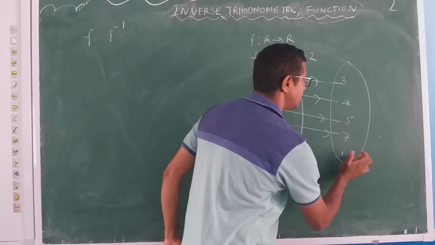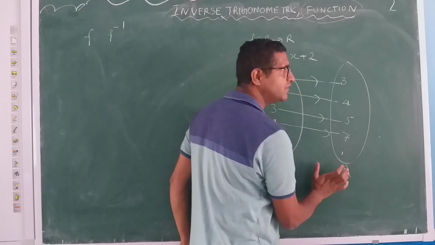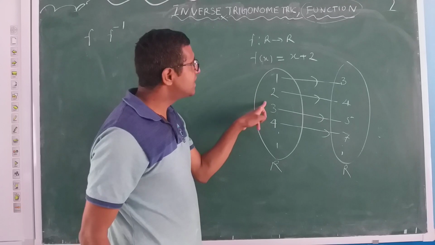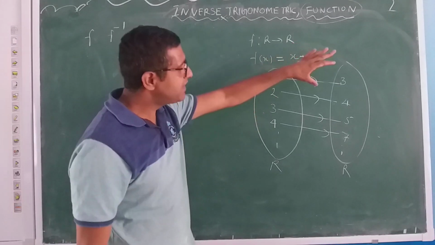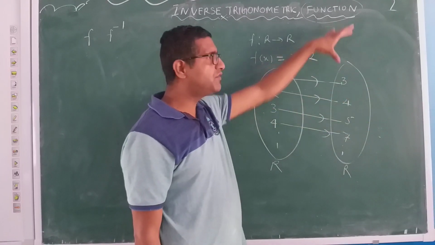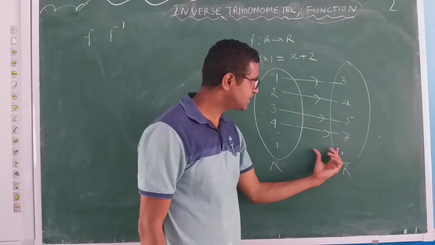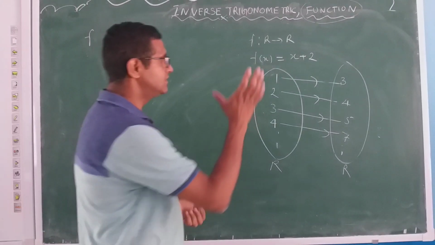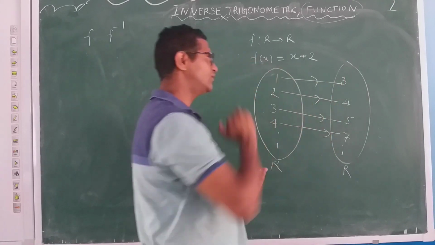And every element of its codomain is making a pre-image in its domain. Means no element of its codomain is being left. Is it clear? It means this function is one-one and onto.